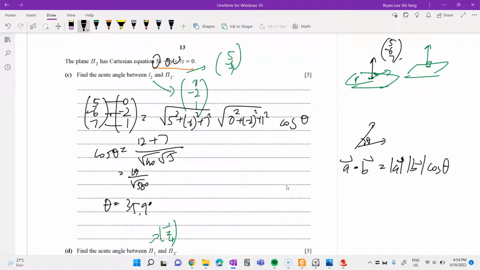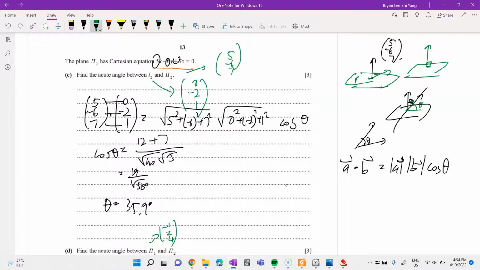But recall that what you're doing right now is, let's say this is the line, and this is your normal vector. So what you're finding is this, but what the question wants is the angle between the line and the plane. We need this, but what we found is this.